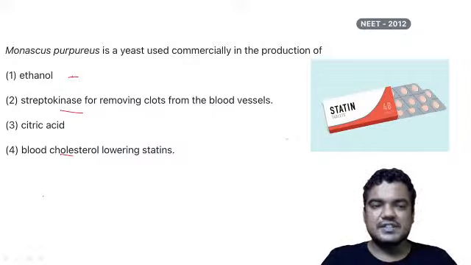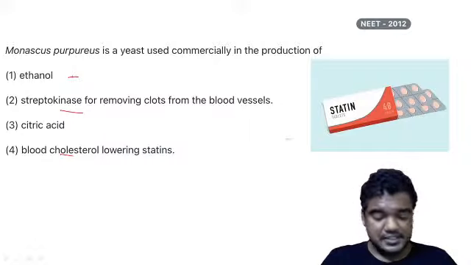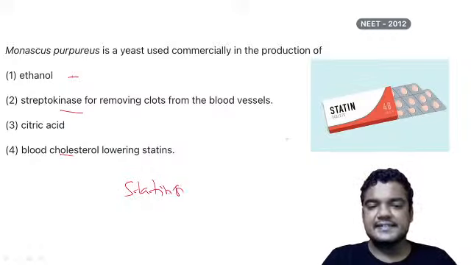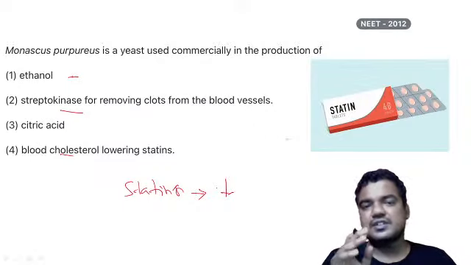The next one they have given is that Monascus purpureus reduces the blood cholesterol. It reduces the blood cholesterol. This Monascus purpureus produces statins, and these statins reduce the levels of blood cholesterol by stopping the synthesis of cholesterol.